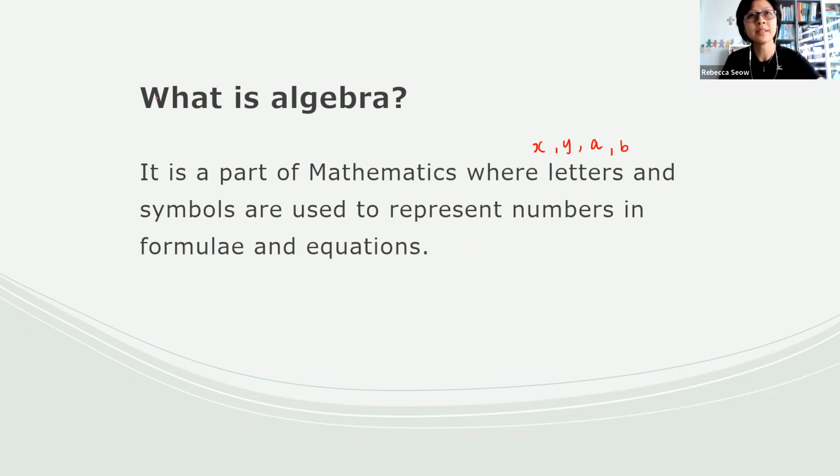Okay, and symbols will refer to, for example, the 4 operations are used to represent numbers and formula and equations. So this is a general idea of what algebra is all about. It's not just about numbers, but letters. Okay. Now, letters are also understood as unknowns. Unknowns means we don't know what the letter stands for.